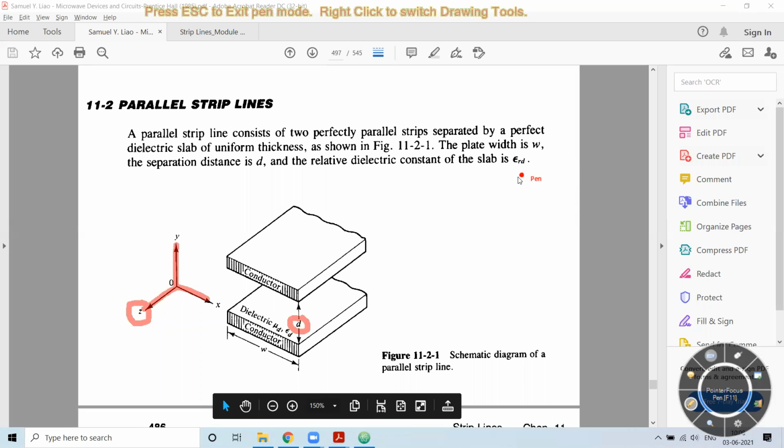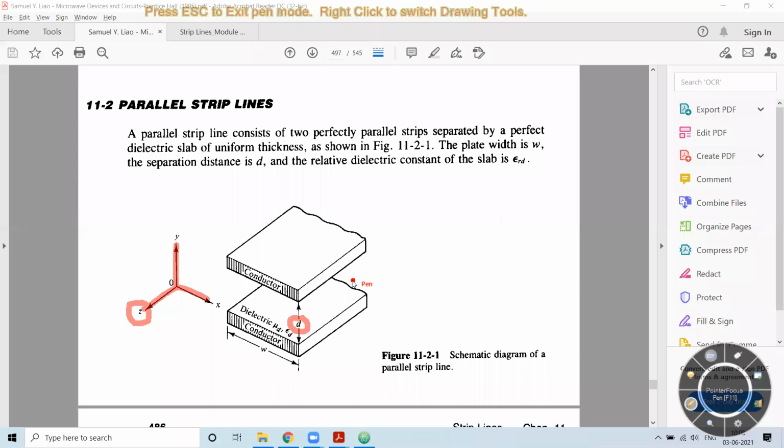Then apart from this, we also look at another parameter which we call epsilon RD, which is nothing but the relative dielectric constant. If you remember, epsilon is basically given by epsilon naught into epsilon R. So this epsilon RD is nothing but this parameter. When you specify the permeability and the permittivity, you are considering both together.